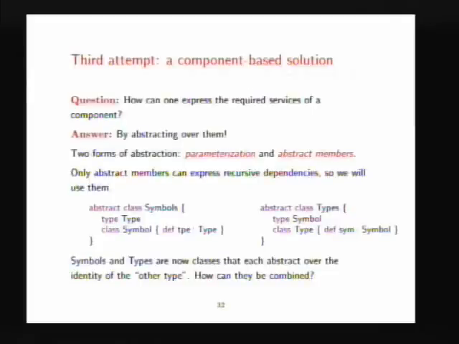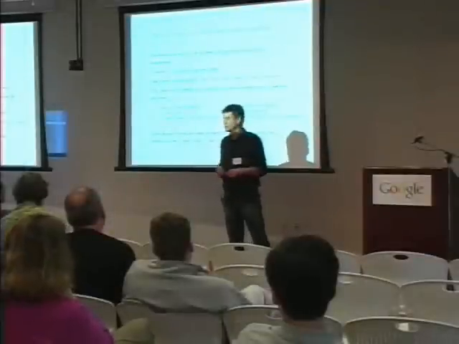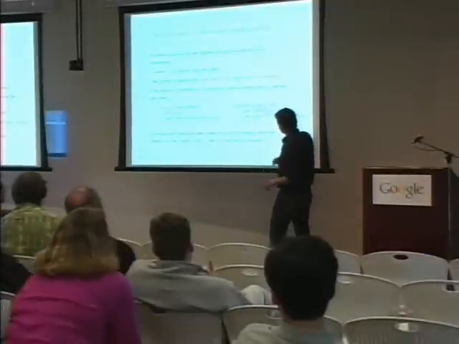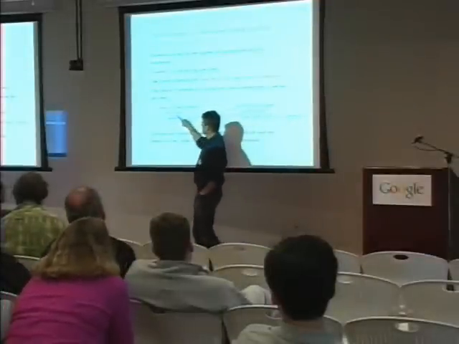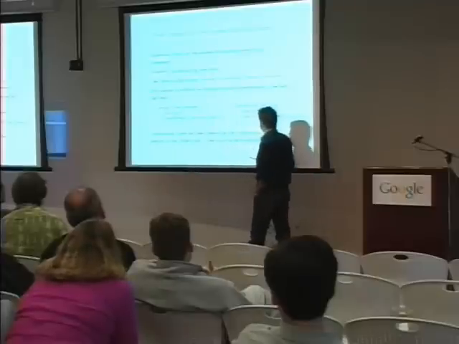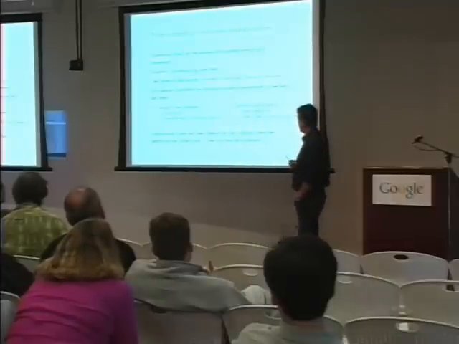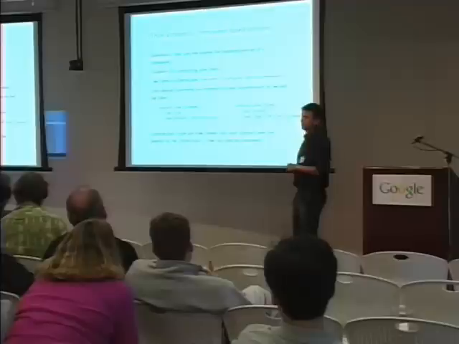And what do you have for abstraction? You have parameterization and abstract members. But because these things are recursive, there's only abstract members that remain, because for parameters, we know no recursive references. So let's try abstract members. Let's put an abstract type in symbols and an abstract type symbols in types. So now they're classes, and each abstracts over the identity of the other type.